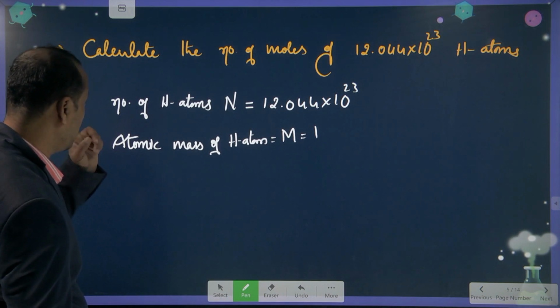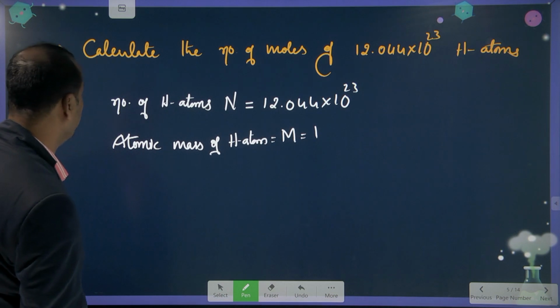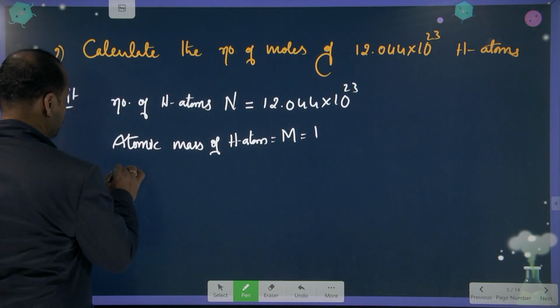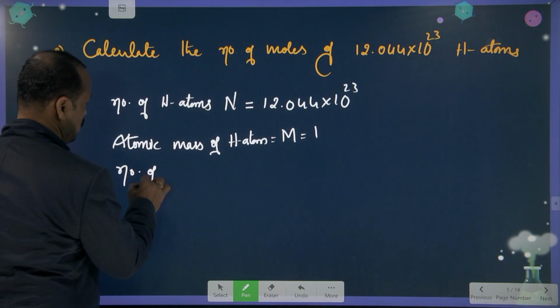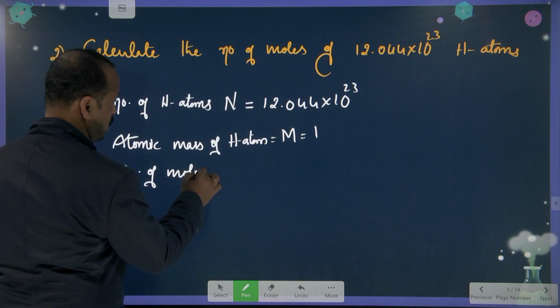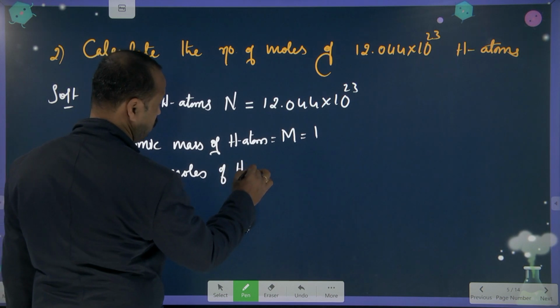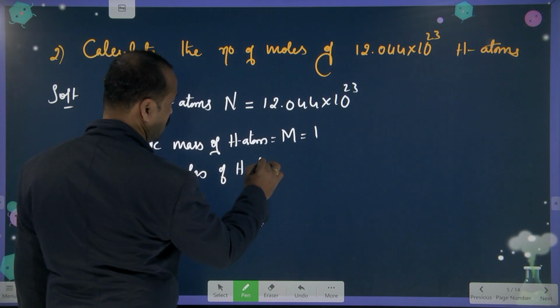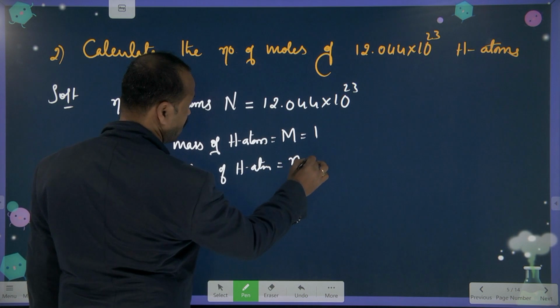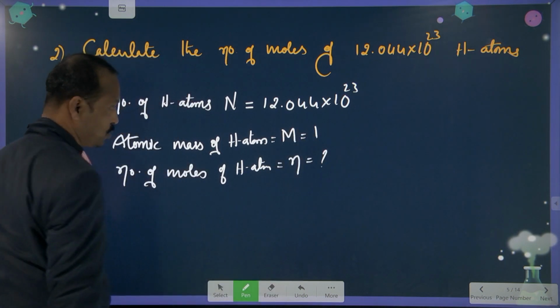Now what you need to find? You need to find the number of moles of hydrogen atoms. Number of moles is denoted by which letter? n. n is equal to question mark.